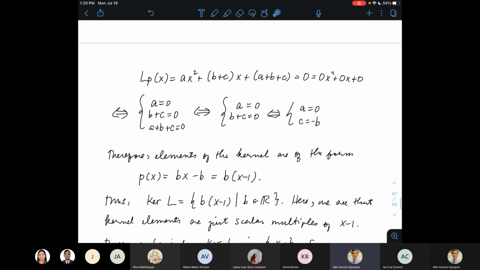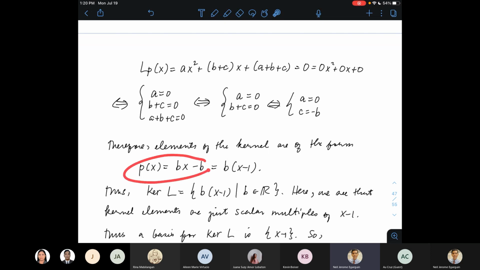So any element of the kernel is of this form: p(x) equals bx minus b, where b is any real number. Okay, b is a free variable again. But I can factor out b. Or technically, we apply the distributive property of scalar multiplication over polynomial addition.